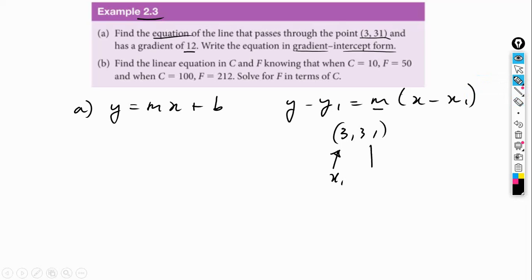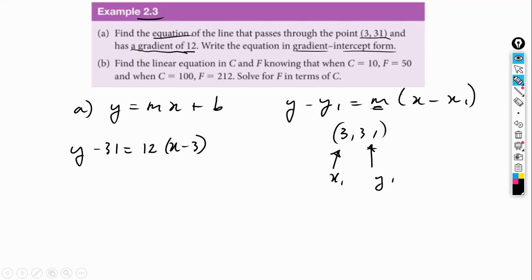And then m is the gradient, which we know from the problem is 12. So now all we have to do is substitute. So we're going to get y minus 31 is equal to 12 times x minus 3.